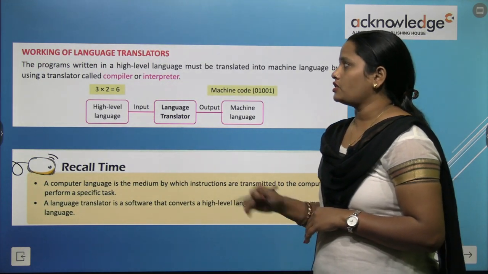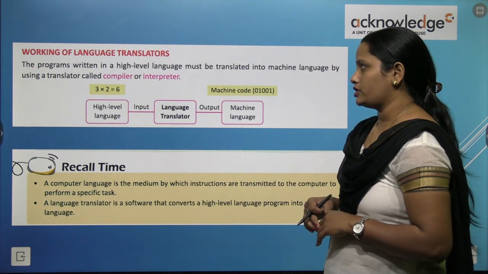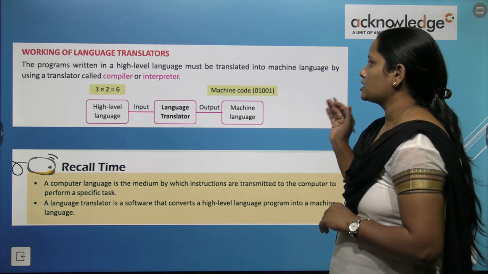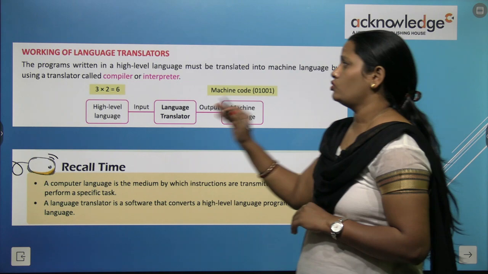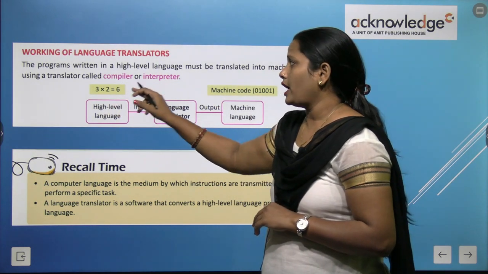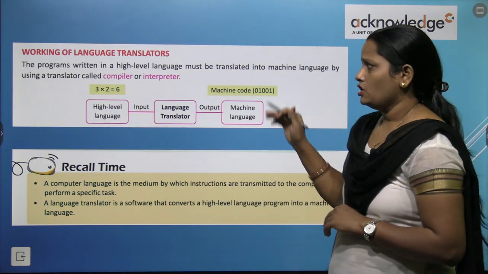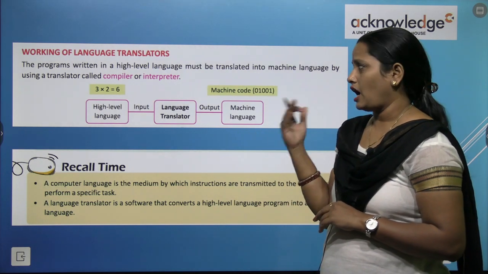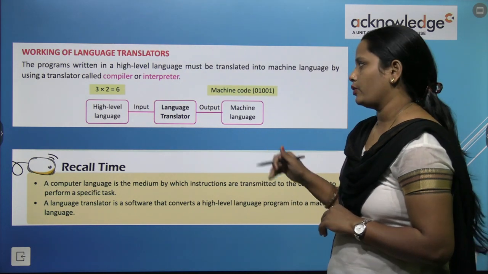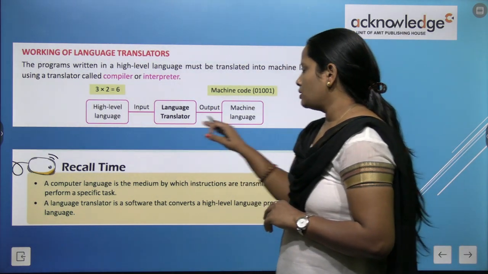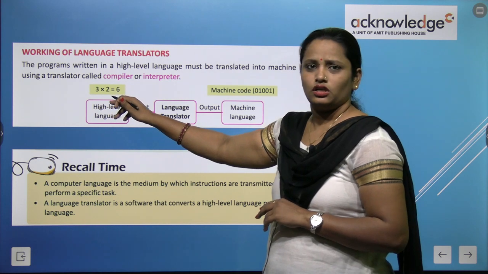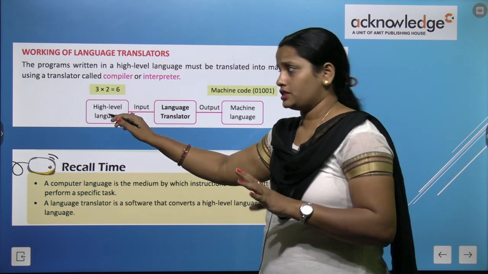Working of a language translator. How does a language translator work? Programs written in a high level language must be translated into machine language by using a translator called a compiler or interpreter. So by using these two, we can translate our high level language into machine language. Suppose an example is given. The high level language is 3 multiplied by 2.